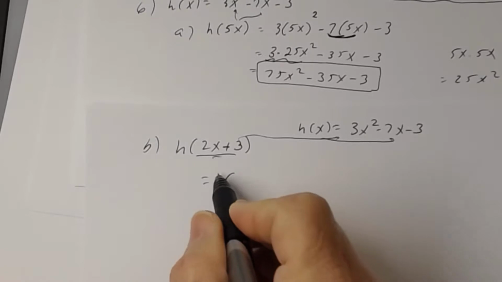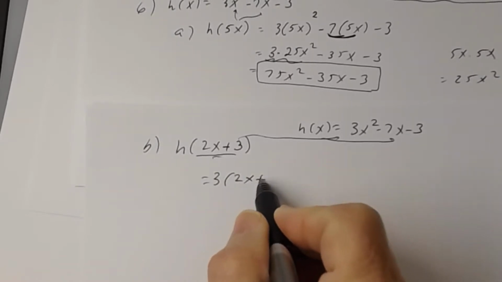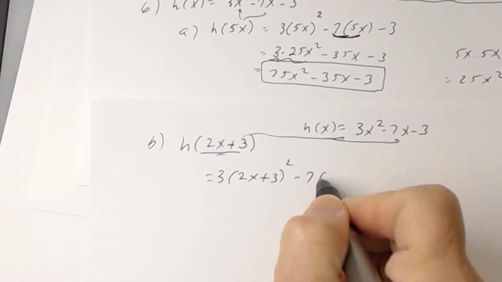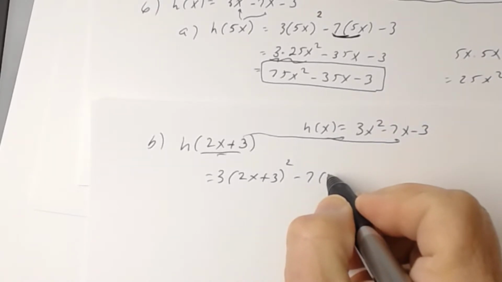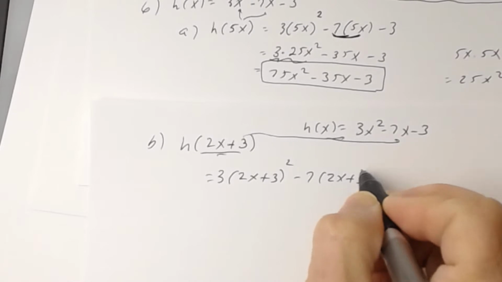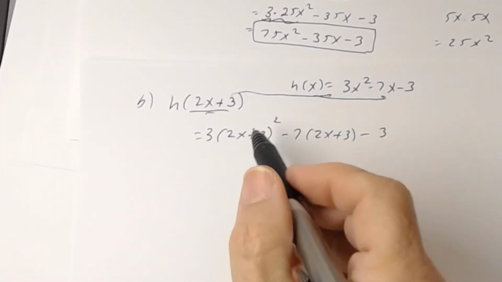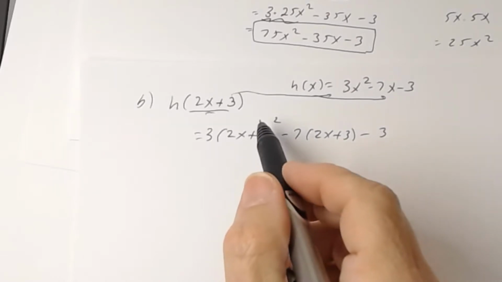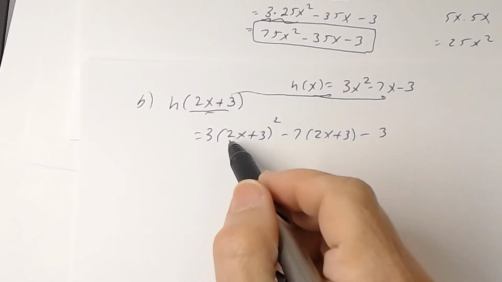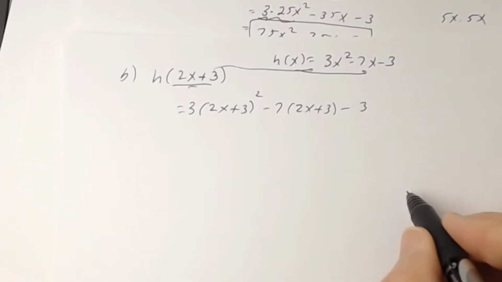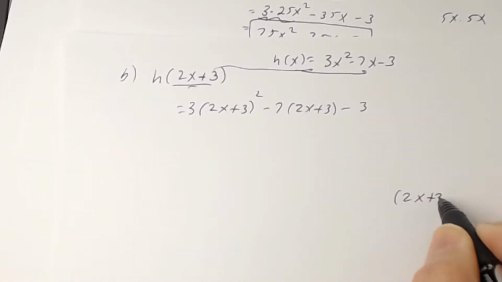So this becomes 3 times 2x plus 3. What do I do to that 2x plus 3? Squared. Minus 7 times what? 2x plus 3, and then minus 3. According to your order of operations, what do I do first? The exponent. So that's 2x plus 3 times itself. Go off to the side and figure out what 2x plus 3 times itself is.